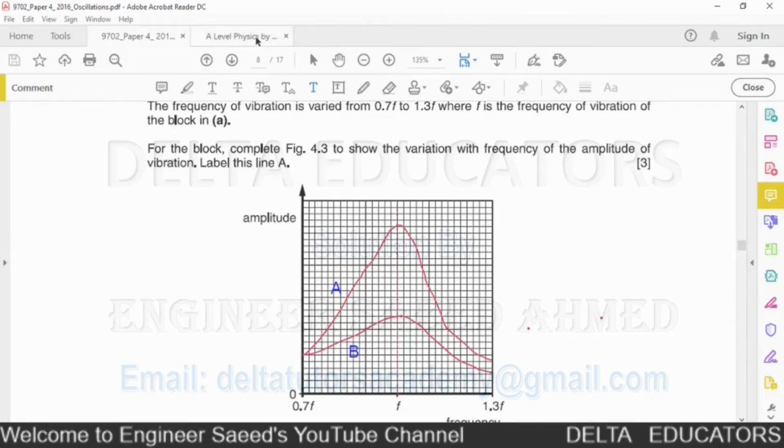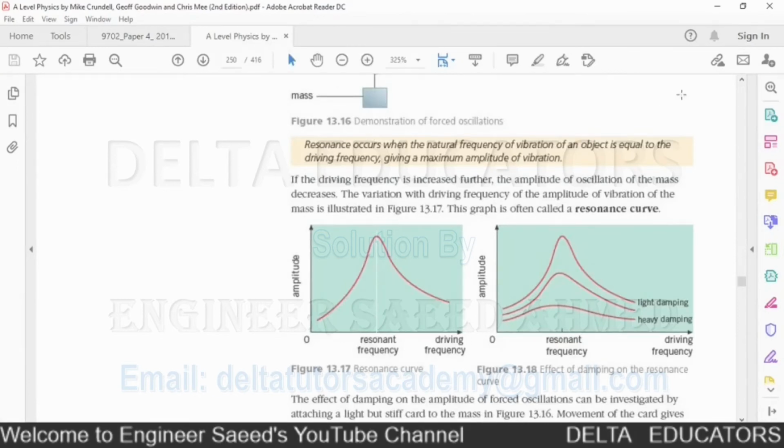In resonance, we have studied that with the increase in driving frequency of the vibrator, the amplitude increases, and when the driving frequency becomes equal to natural frequency, at this time the amplitude is maximum. Now with the further increase in driving frequency, the amplitude does not increase, it starts to decrease. So maximum amplitude will be at the point where we have driving frequency equal to natural frequency.